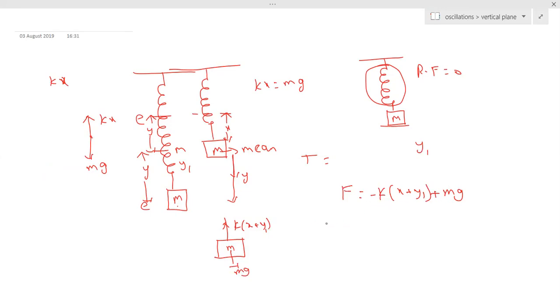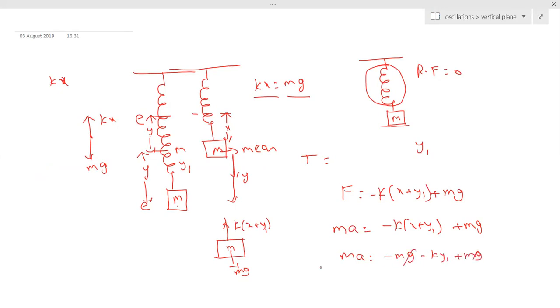Now according to Newton's second law, this can be written as ma is equal to minus k into x plus y1 plus mg. Already initially we derived that the value of kx will be equal to mg. So ma will be equal to minus mg minus ky1 plus mg.